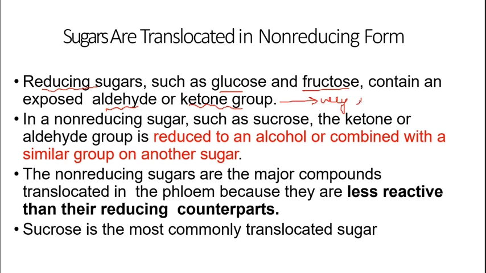If they were reactive in the translocation tube, they could react with proteins and other metabolic substances present in the tube, which would be very harmful for the plant. So plants need a non-reducing sugar to be transported, and so they transport sucrose.